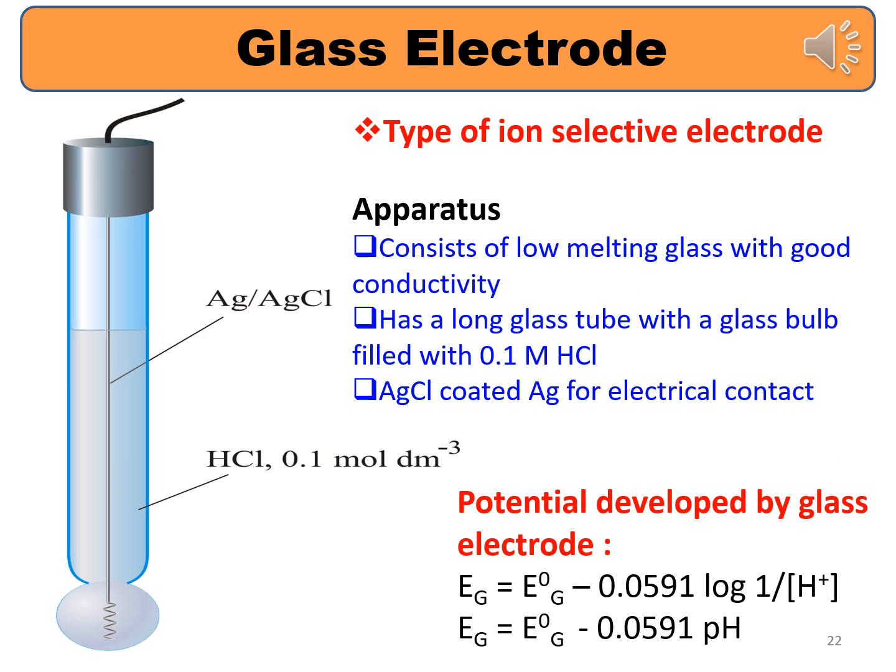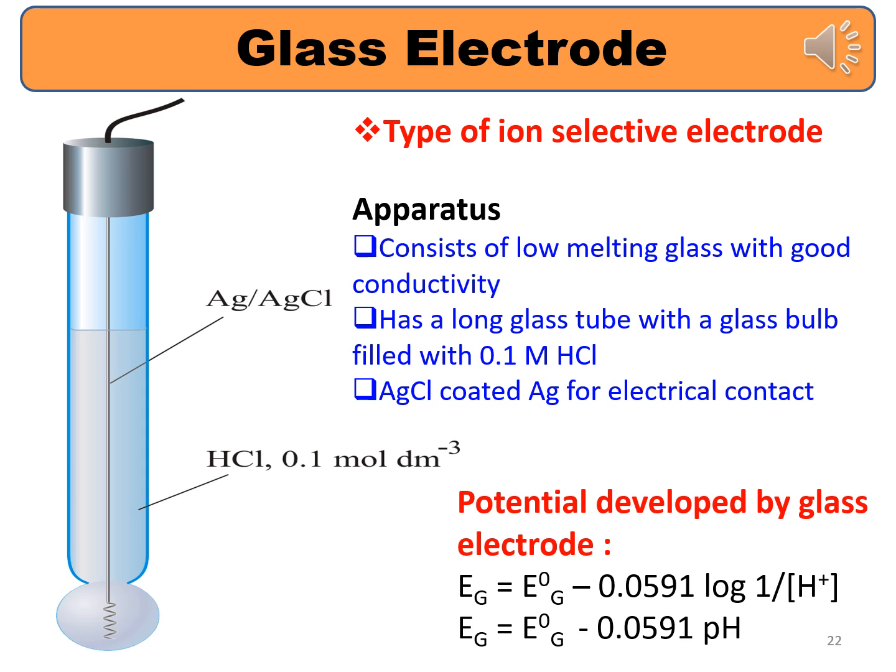Next, we deal with an ion selective type of electrode, the glass electrode. The glass electrode consists of a low melting glass with good conductivity. It consists of a long glass tube with a glass bulb at the bottom. It is filled with 0.1 normal HCl solution, and there is a silver wire coated with AgCl for the electrical contact.